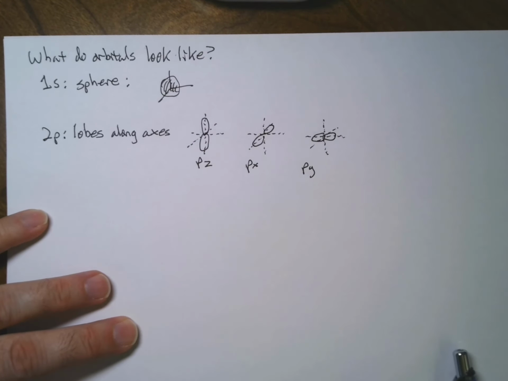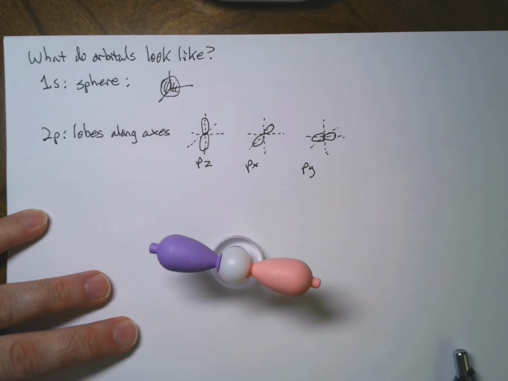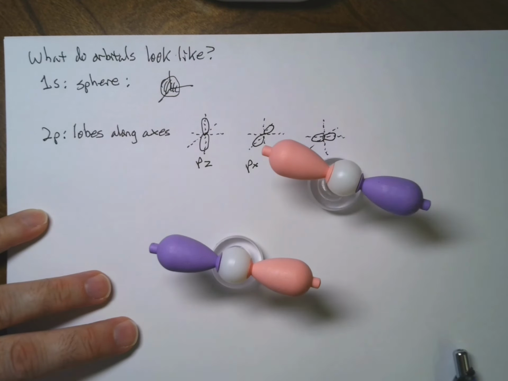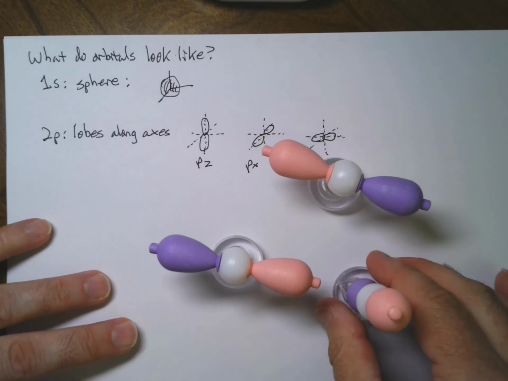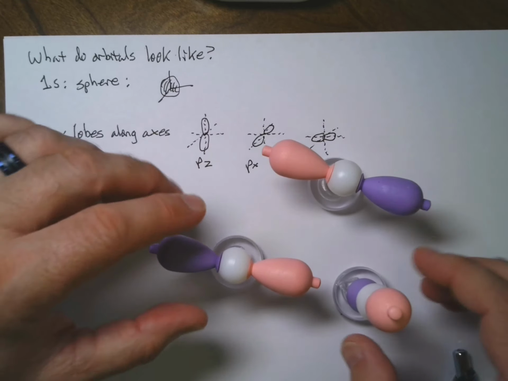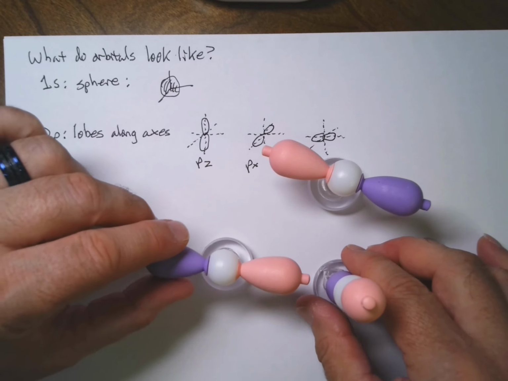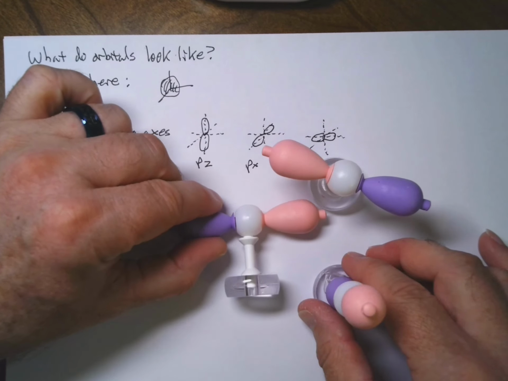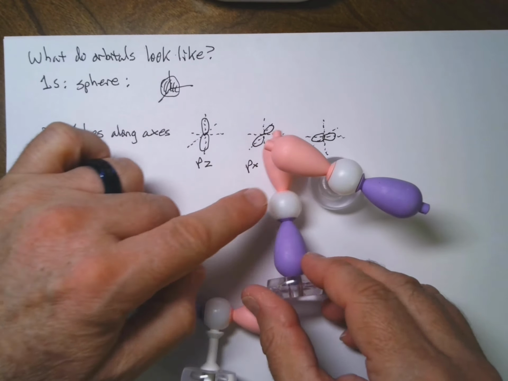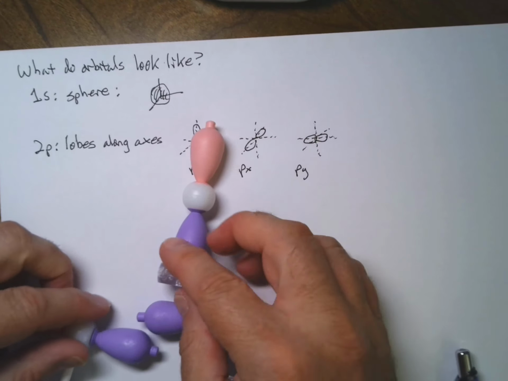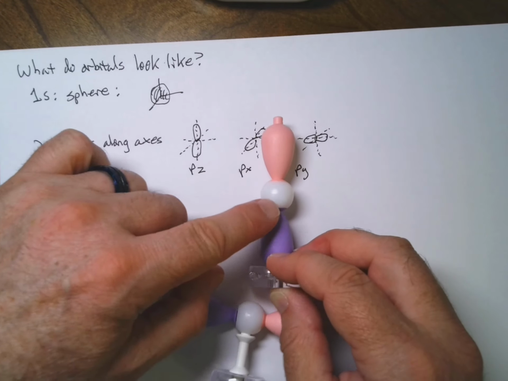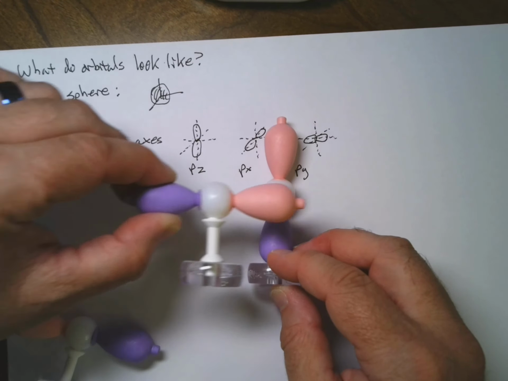Now what do these guys look like? Well, here's one. Let me find my others here. There's 2, and there's 3. And these different colored lobes are the different phases. So we have here our PZ, so atom in the center, and then we've got our lobes above and below our XY plane.